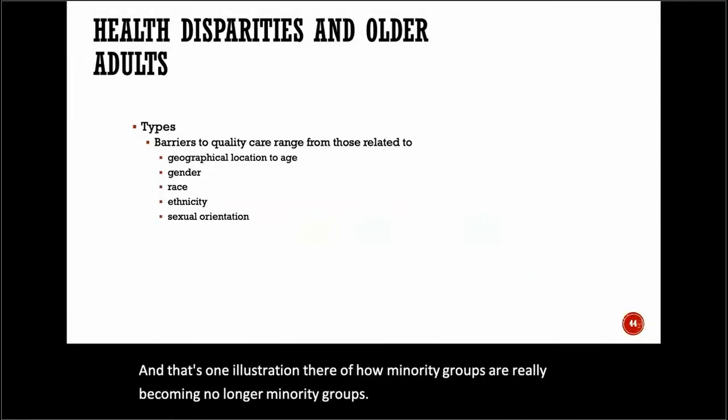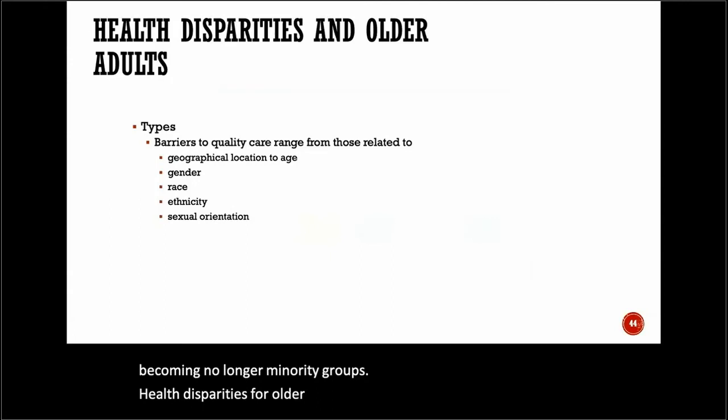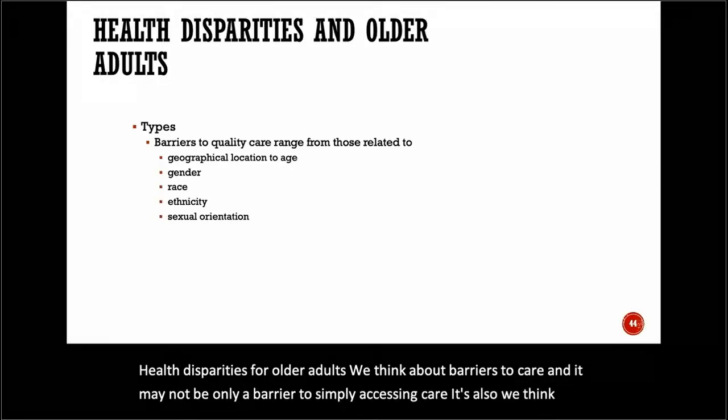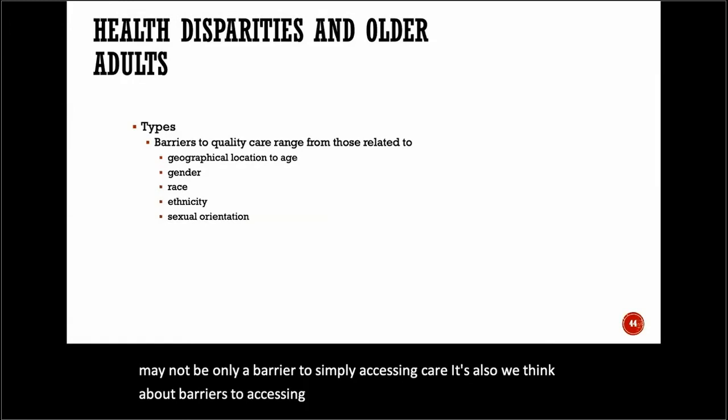Health disparities for older adults. We think about barriers to care, and it may not be only a barrier to simply accessing care. It's also barriers to accessing good, quality care, and that could simply be where a person lives.